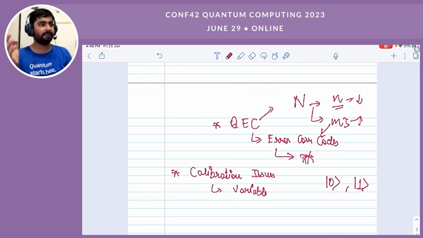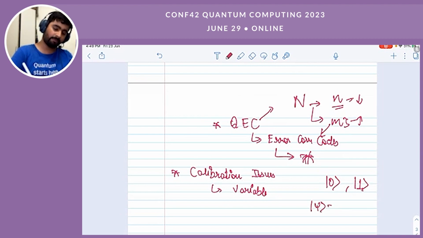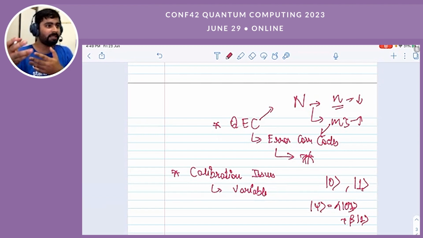But any particle which has two possible end states, and a possibility of existing in a state psi, such that it could be a combination of alpha 0 plus beta 1, is basically a qubit. So a qubit is in concept not actually a physical thing, and a physical particle can behave like a qubit.